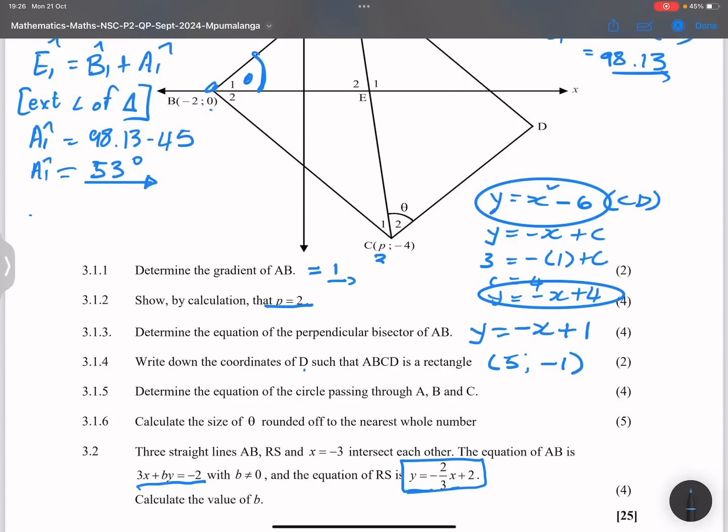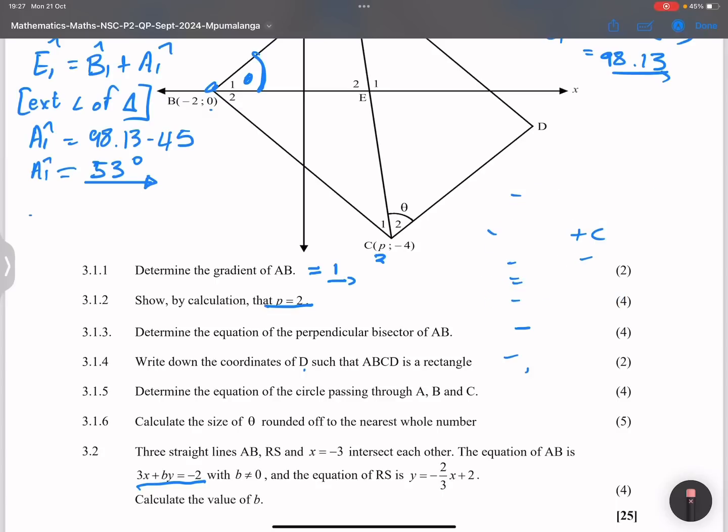Calculate the value of b. All right, so we need to find out where they intersect. So we at least have one equation where they intersect. So we know they intersect at x is equal to negative 3 because that's part of the point, right? So I can find out the corresponding y value.